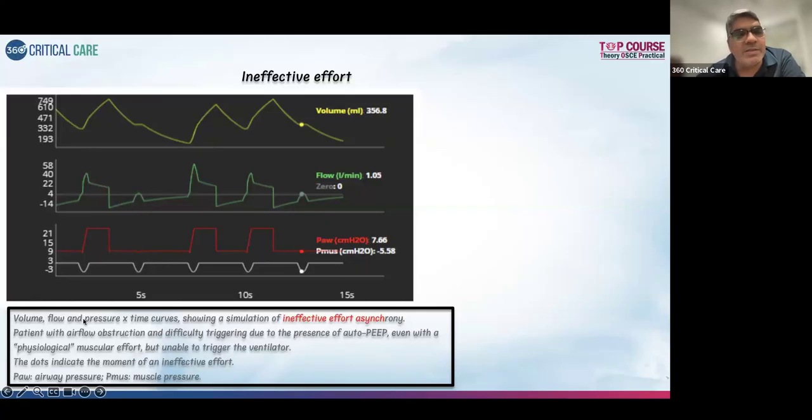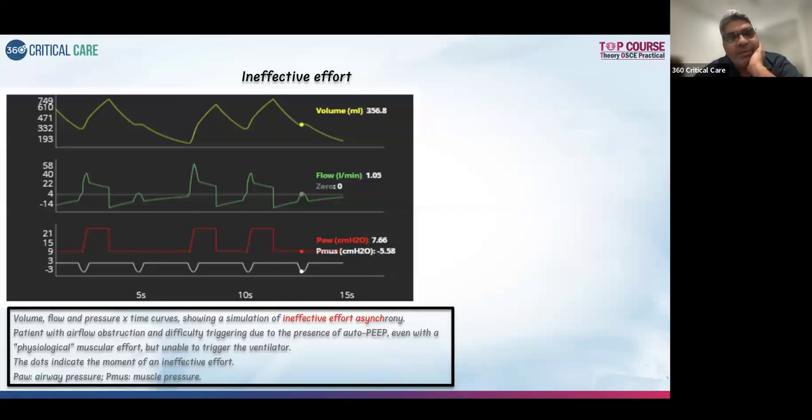Okay. So this is showing ineffective effort there. Patient with airflow obstruction or difficulty triggering due to presence of auto peep, even with a physiological muscle effort, is unable to trigger the ventilator. So auto peep is a major issue for ineffective triggering because the patient has to overcome that much auto peep.